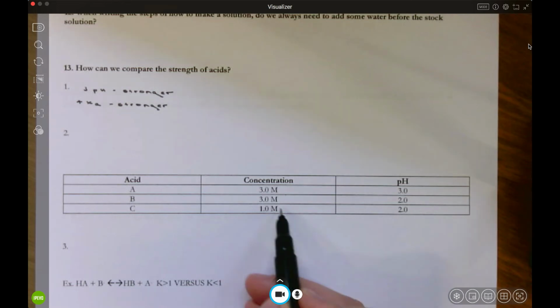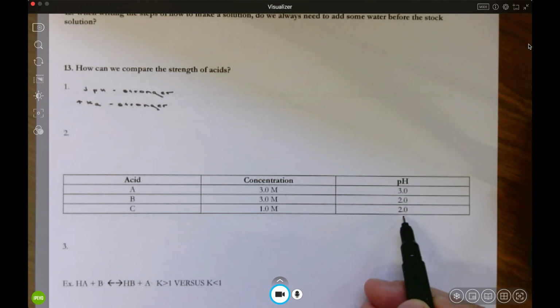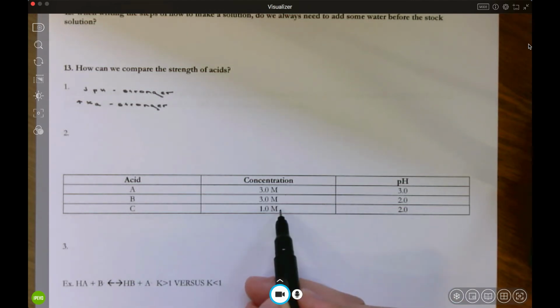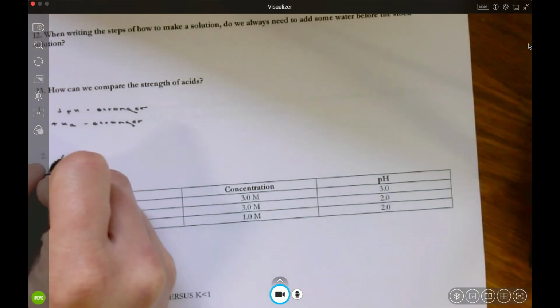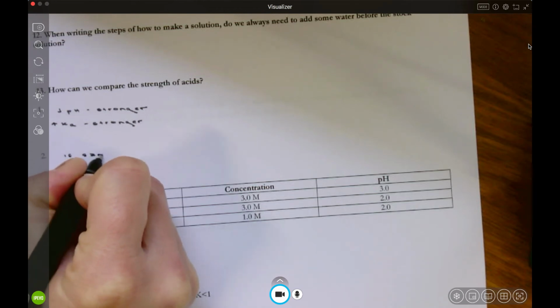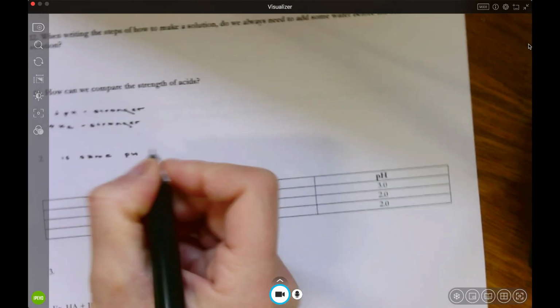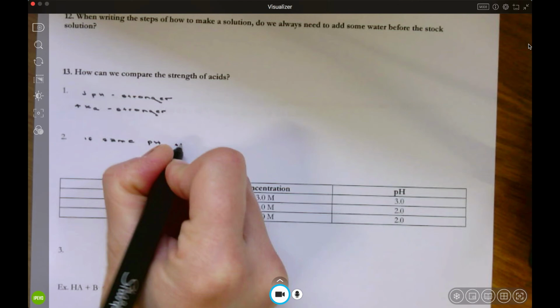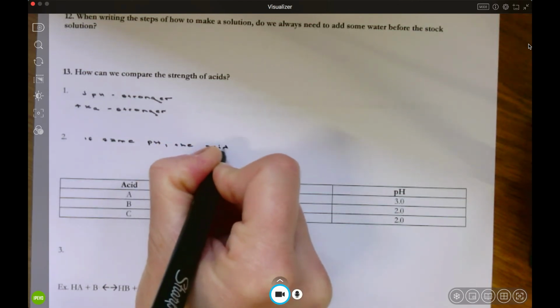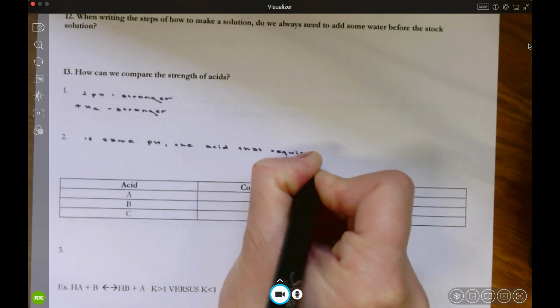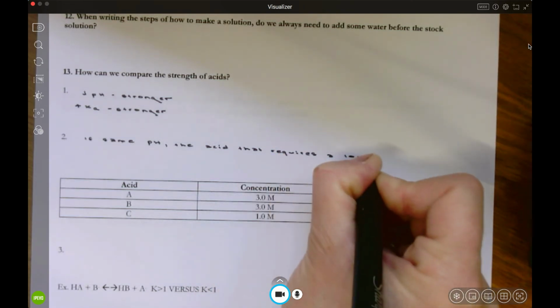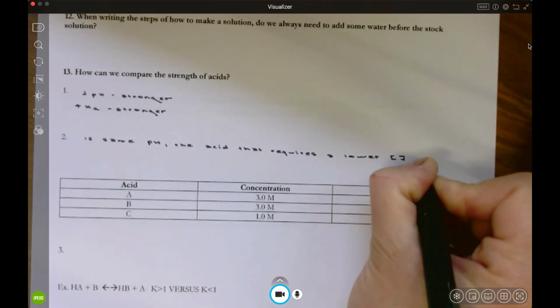So you need less of acid C to have that low of a pH. So since I need less of C, that means C is going to be a stronger acid. So if you have the same pH, the acid that requires a lower concentration will be stronger.